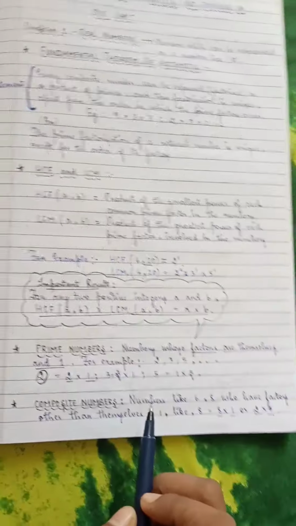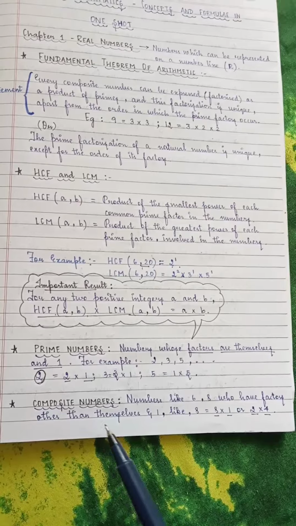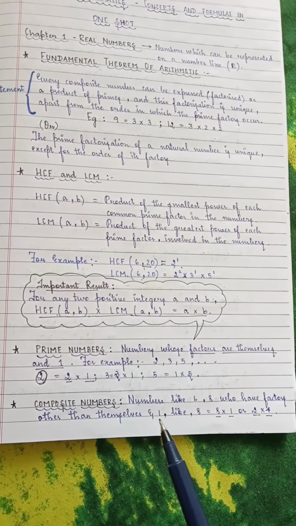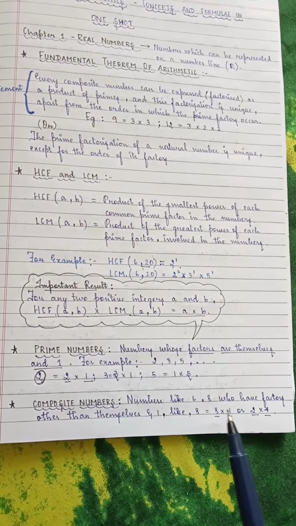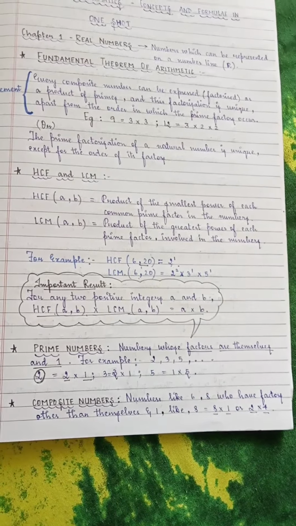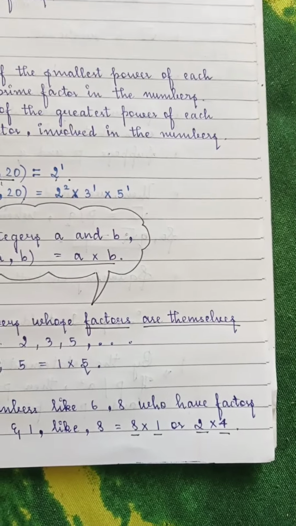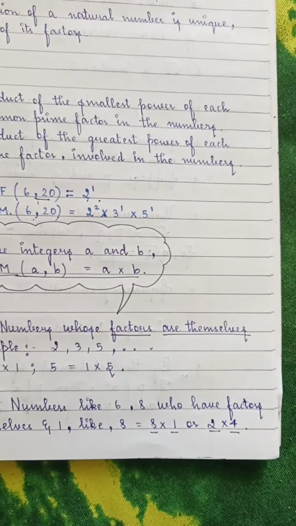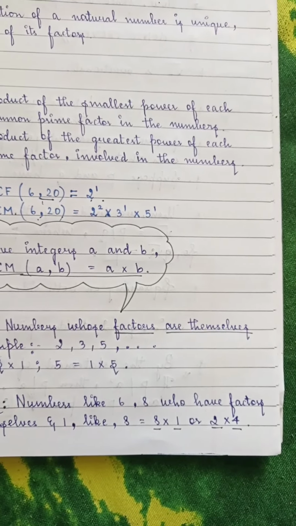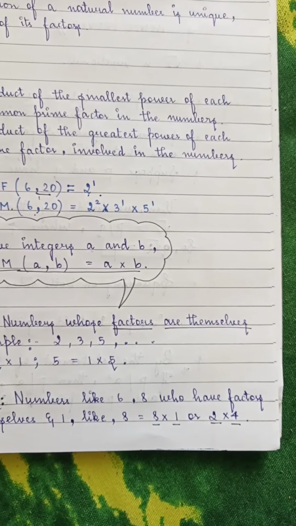Composite numbers are numbers like 6, 8 which have factors other than themselves and 1. Over here we can write 8 as 8 into 1 or 2 into 4. So 8 has other factors other than 8 and 1 itself.